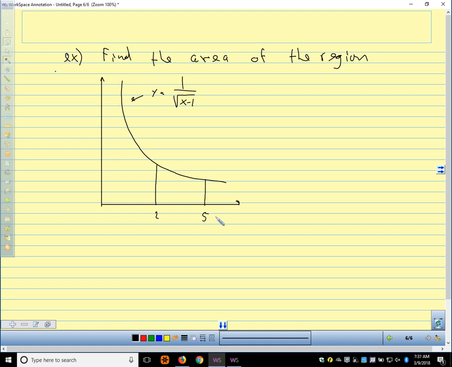All right, so we're going to find the area of that region. So this is our region here. I like to do this. That's our region. We want to find the area of that region using an iterated integral.